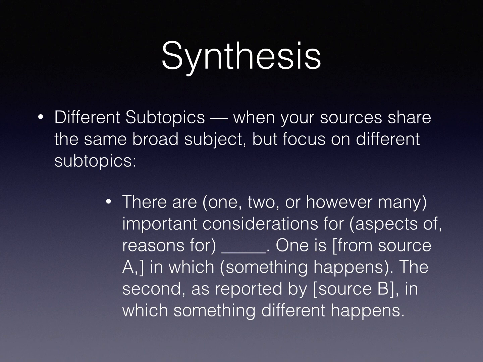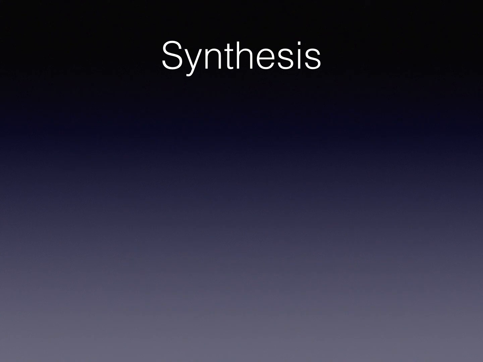One is from source A, in which something happens, and the second, as reported by source B, in which something different happens. You're comparing and contrasting. You're not just plopping them down. You're actually suggesting that they aren't the same, as opposed to encouraging your reader to do all the work.